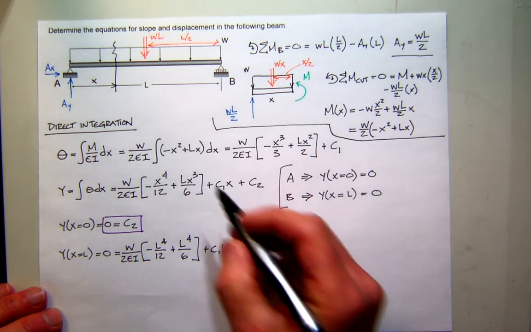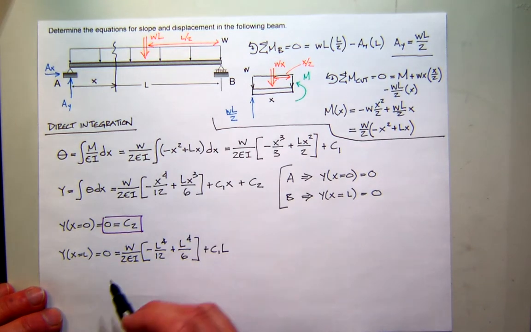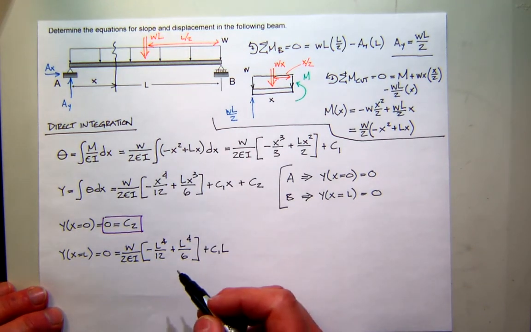Well, it's L to the 3rd here, but there's another L there. So all the terms have to be the same order. We couldn't add them together.